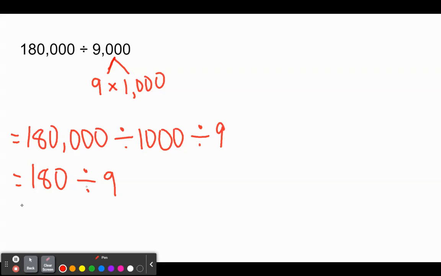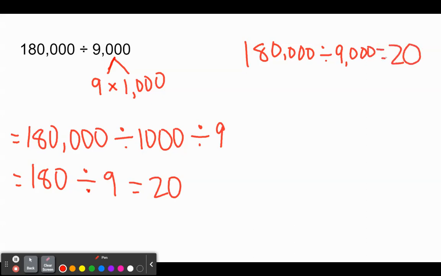If I divide 180 by 9, that will give me 20. So 180,000 divided by 9,000 is going to equal 20. So this is another way you can do some mental math to help us divide by tens and to make it a little bit easier for us to divide.